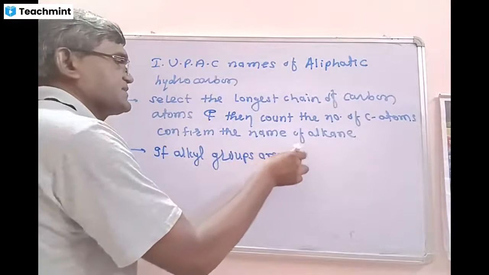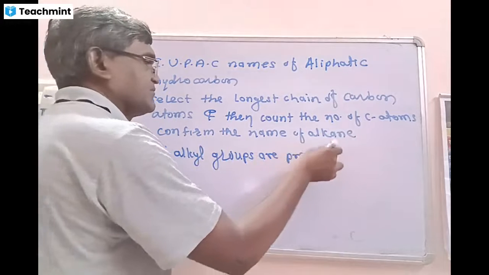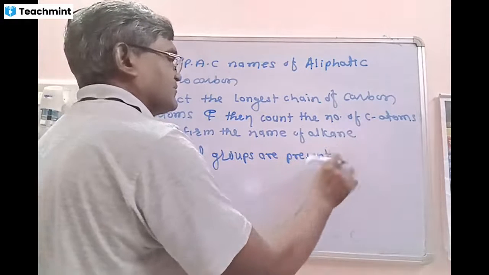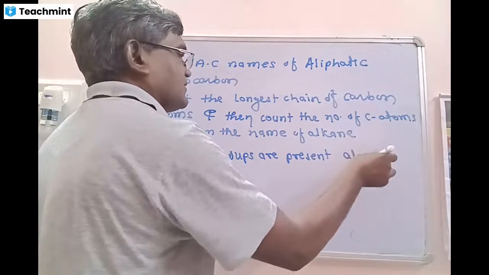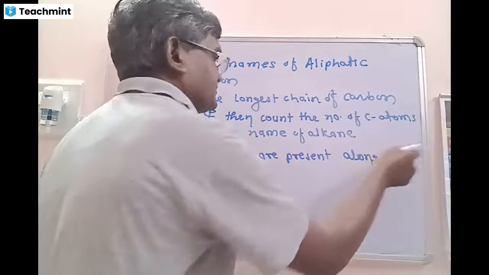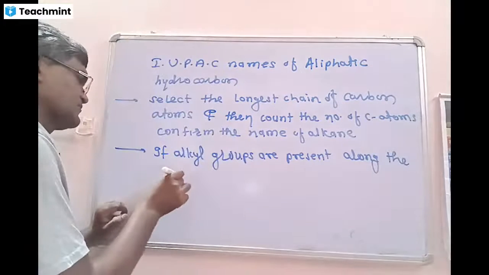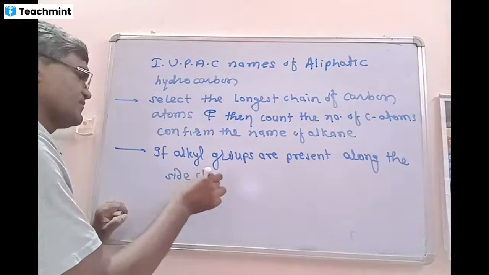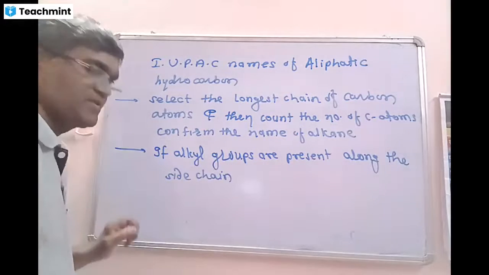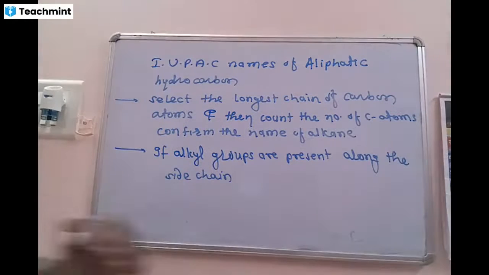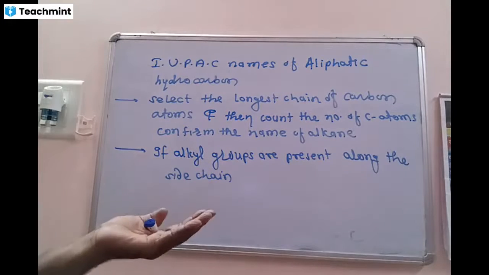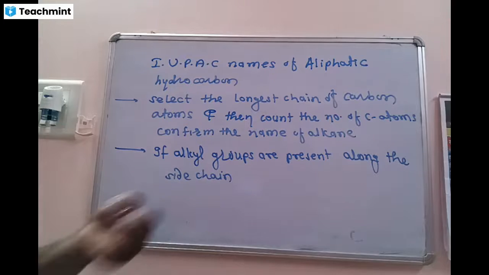alkyl groups are present along the side chain. Means they are not counted in a longest chain. They belong to side chain, right? Branch.